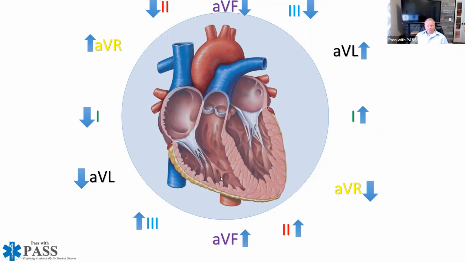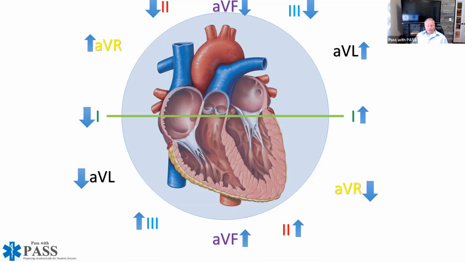If I draw one line from AVF to AVF, and the other from lead 1 over to lead 1, that is how this is typically cordoned off, or how they break down the quadrants.